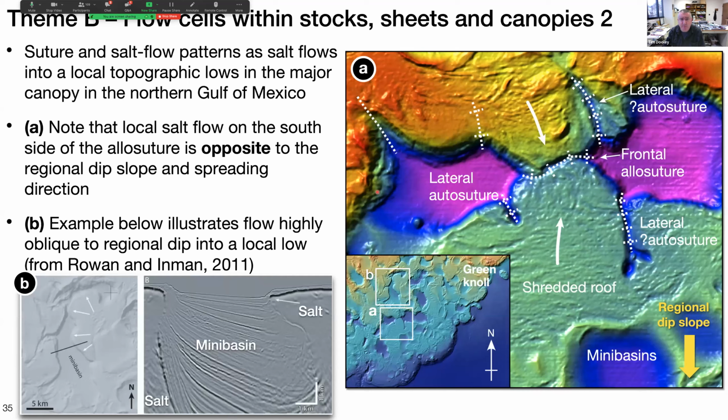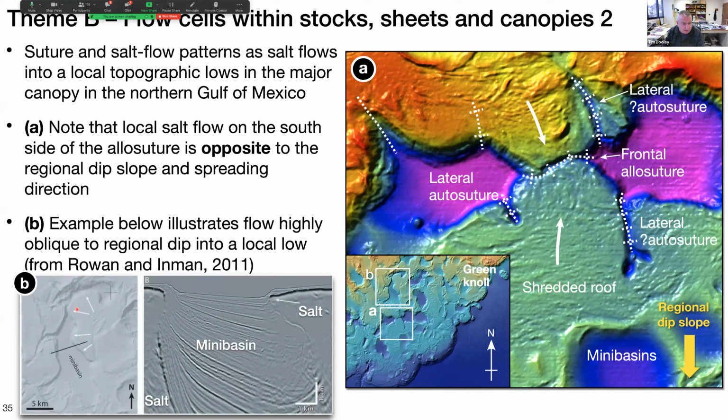And here is just an example here. So A is here, these Higgsby Salt Canopy here. Our regional slope is down here to the south, but here we have flow here, which is opposite to that slope, and same when we have a look over here.